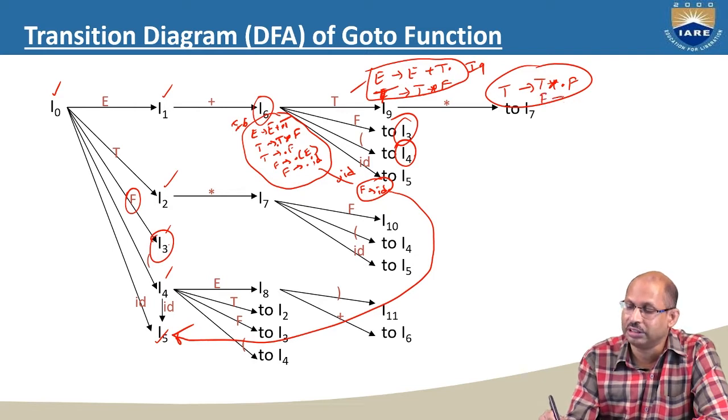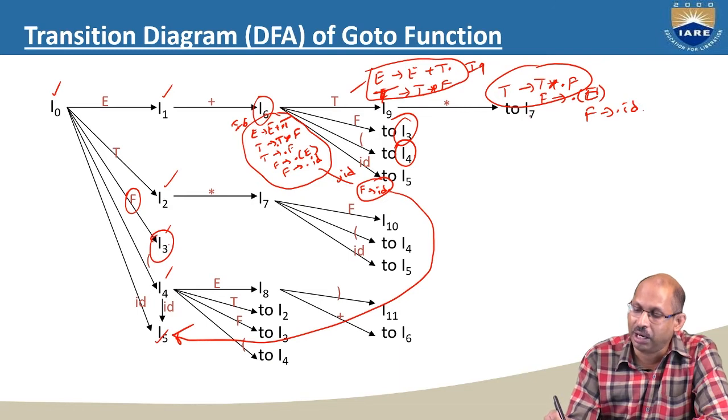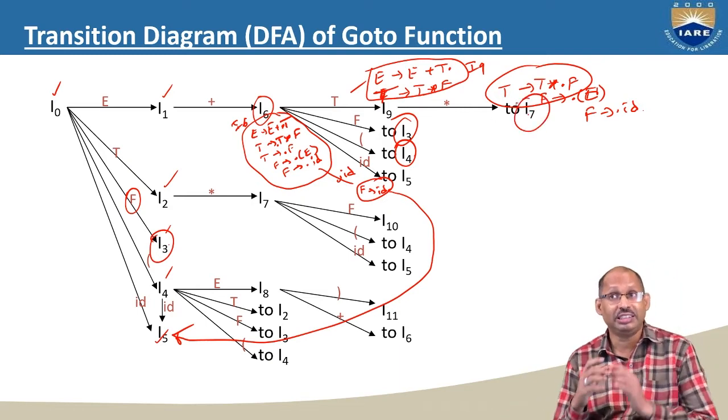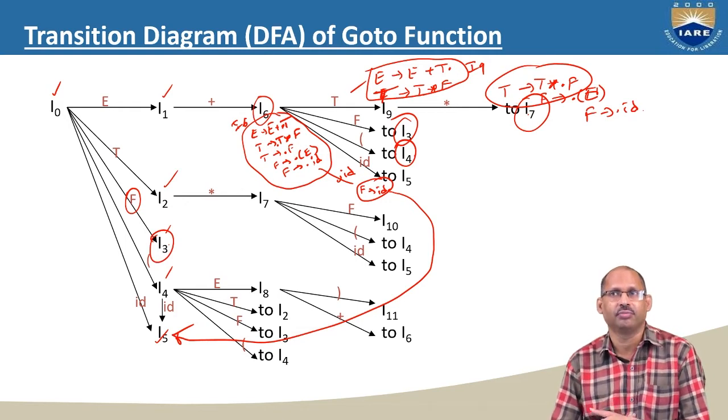What are the F productions? We had dot left parenthesis E, F gives dot ID. So that is nothing but I7, because that set we already have. So we represent the same. Right?